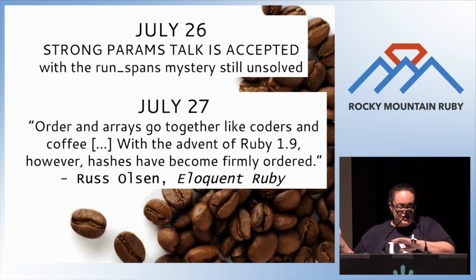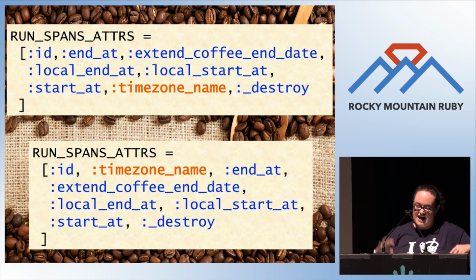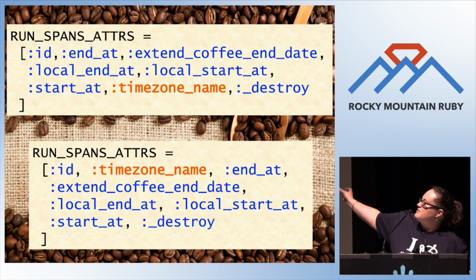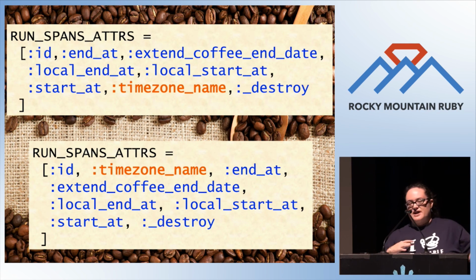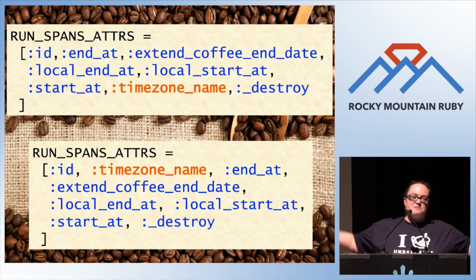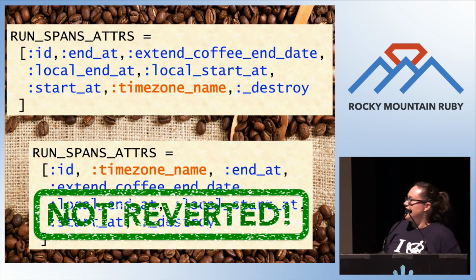But I basically pushed him away from the keyboard and went over to my lib file with the constants and all that, and with 4 clicks, after months of looking at this problem, I moved time zone name from its alphabetical position to the front of the line, except I always had ID in the front, destroy in the end. I moved it, we ran the test, everything passed. And the next day, I turned in the code, and for the first time in a long time, it was not reverted. And it remains there to this day.